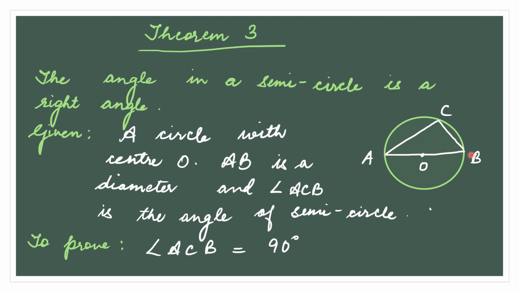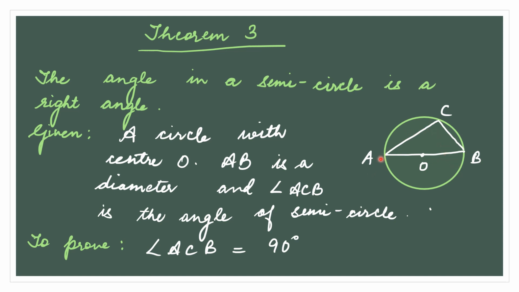This is the semicircle AB, okay, and this is the arc AB, which is until here AOB, and this arc with this chord is the semicircle, and this is subtending an angle ACB at the circumference.